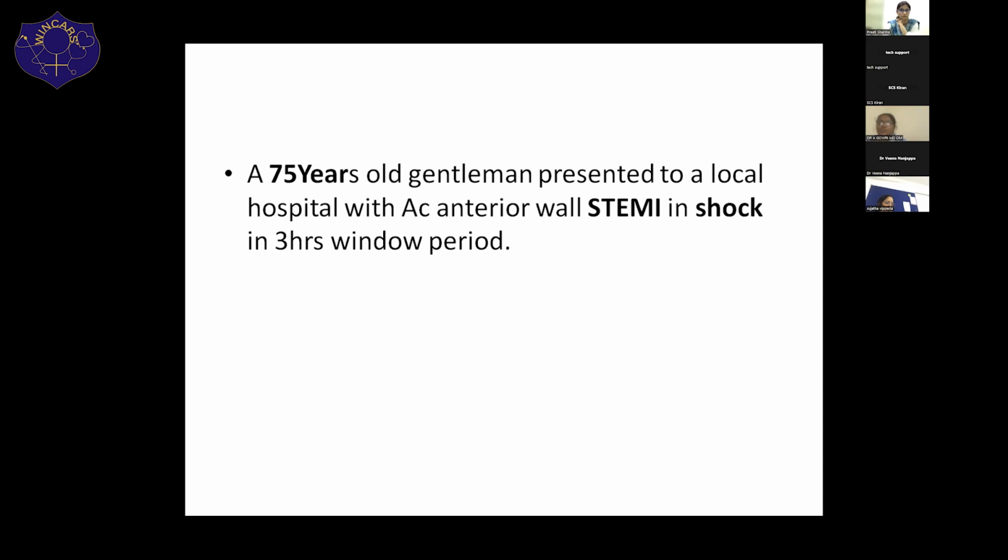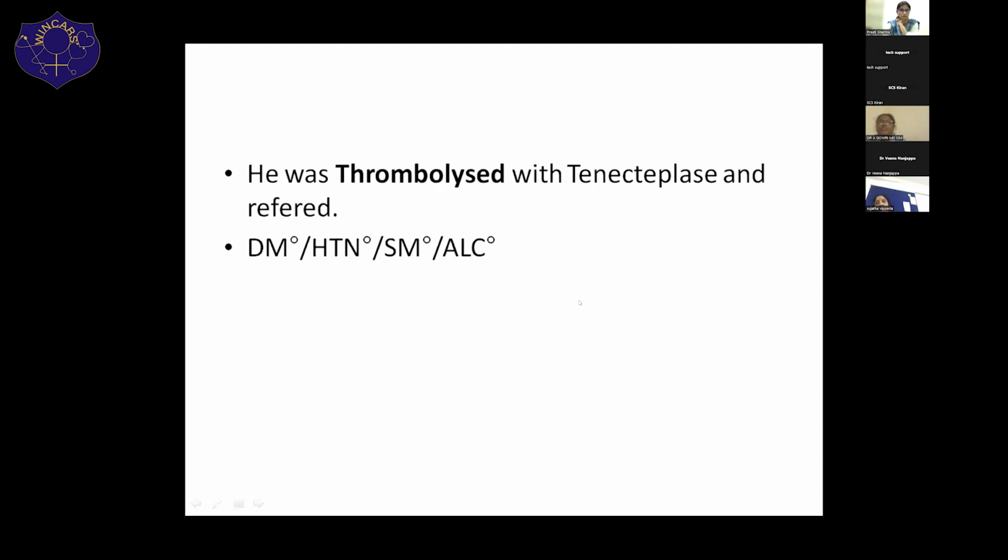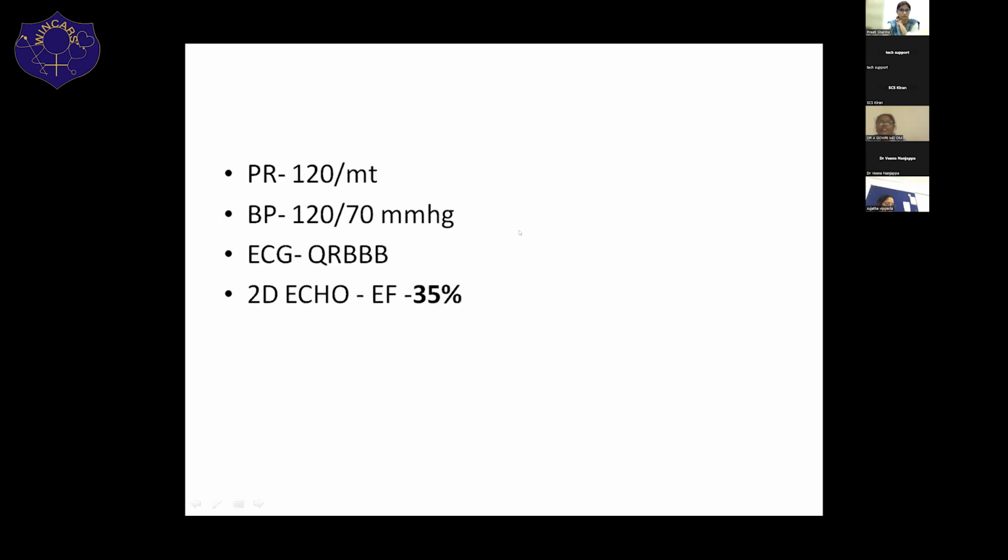So I told her to thrombolyse the case because there was no way he could be brought to the center in time. After thrombolysis, the patient stabilized, his pressures improved, and he was referred to us. His hemodynamics were pretty good, and echo showed 35% EF.